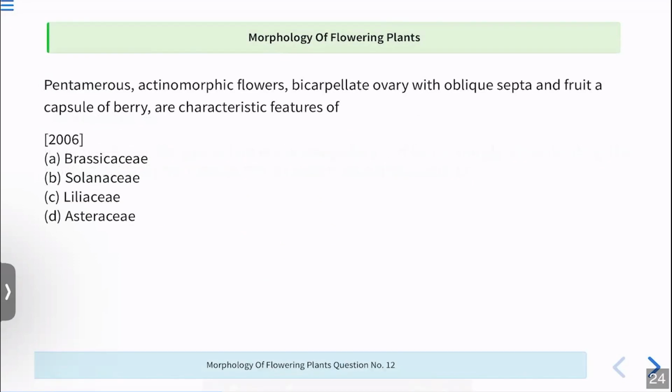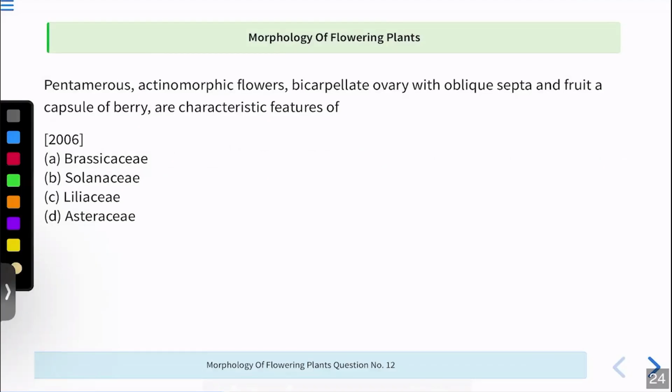Pentamerous actinomorphic flowers, bicarpellate ovary with oblique septa, and a fruit capsule or berry are all characteristic features of... So, see, actinomorphic flowers, pentamerous, bicarpellate ovary. This one thing is very typical: bicarpellate ovary with oblique septa.